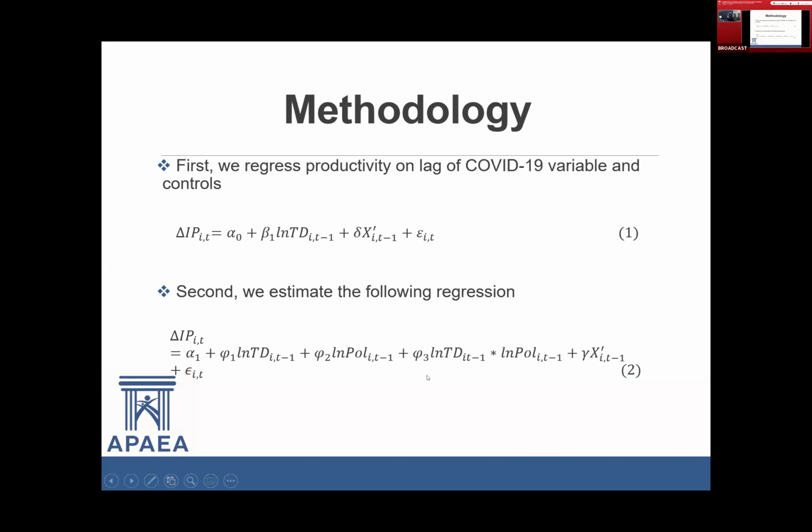So in model 2, we regress the annualized industrial production indices on the lag of the COVID indicator, which is the total deaths per million as a result of COVID. And then we included the lag of the policy initiatives, and the interaction of these two, and condition for the lag of the other economic factors.